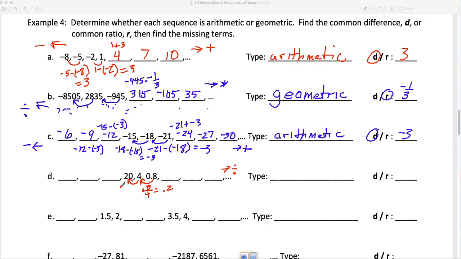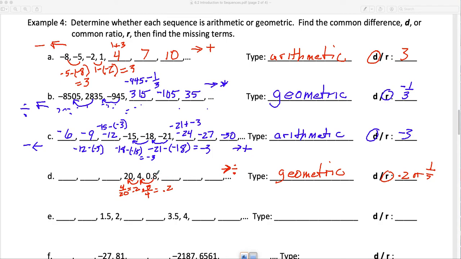All right, 4 divided by 20, which again would be 2/10 or 1/5, but we'll go with the 0.2 since the person who put these PDF together went with the 0.2. All right, so we confirm by dividing backwards that this is geometric. That means that this is a common ratio, and it's 0.2 or 1/5.